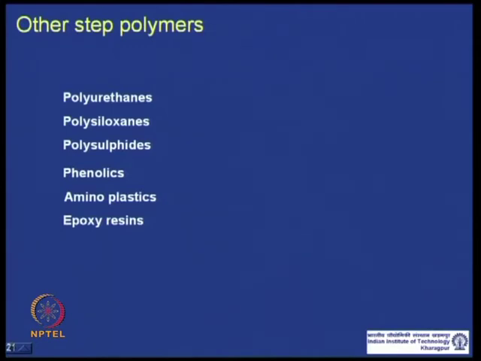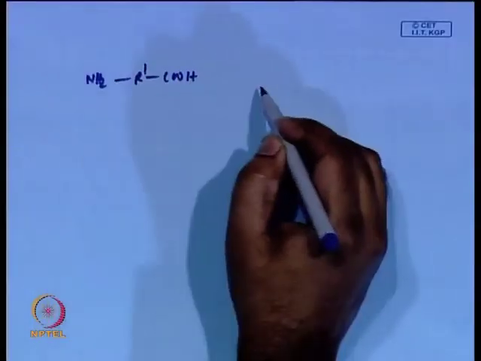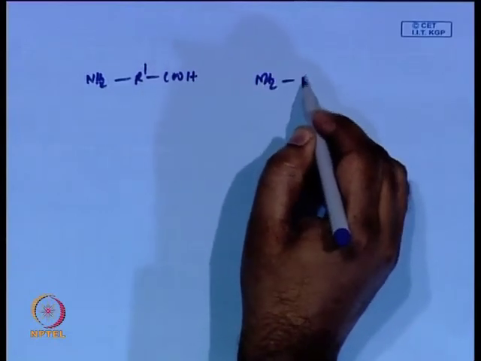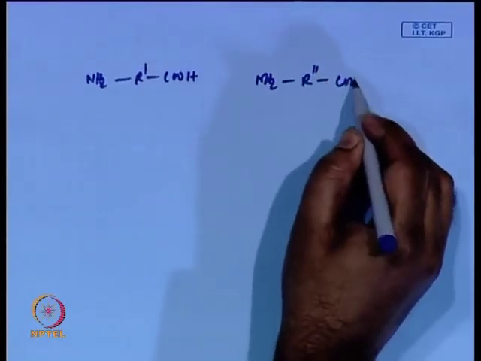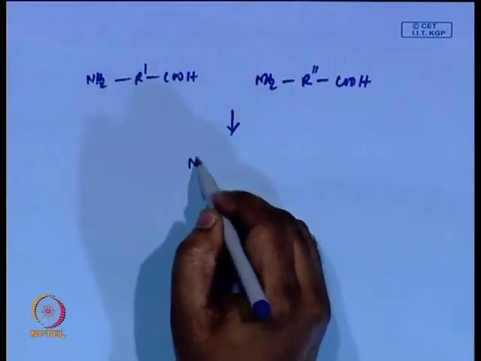So, what I want to do next is give you an idea about step copolymers. If you have, say, an amino acid RCOH and NH2 R double dash COH, now, obviously, it will form a polymer.